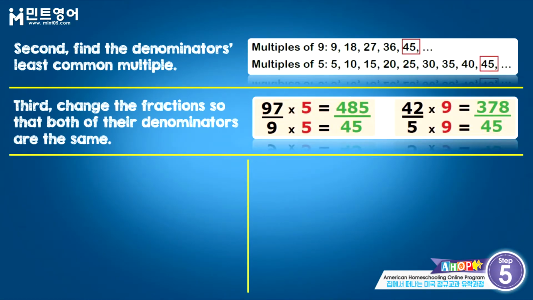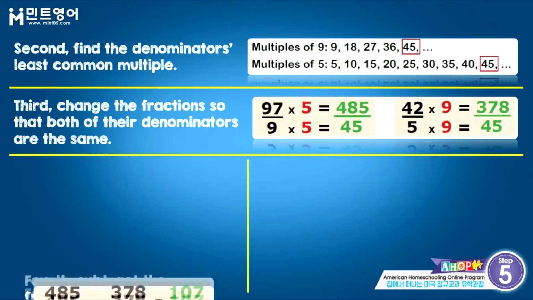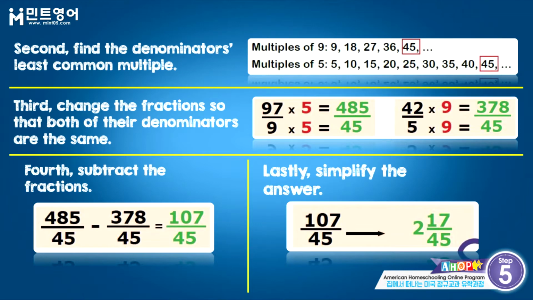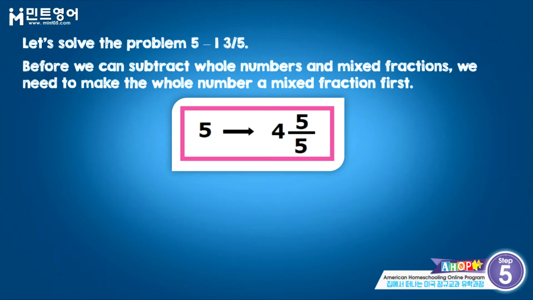Third, change the fractions so that both of their denominators are the same. 그리고 세 번째로 분수를 변경하여 두 분모가 동일하도록 해야 합니다. Fourth, subtract the fractions. 그리고 분수를 빼야 하는데요. Lastly, simplify the answer. 그리고 마지막으로 답을 단순화시키면 됩니다. 이해하셨나요? 이해하셨다면 다른 거를 한번 살펴보겠습니다.